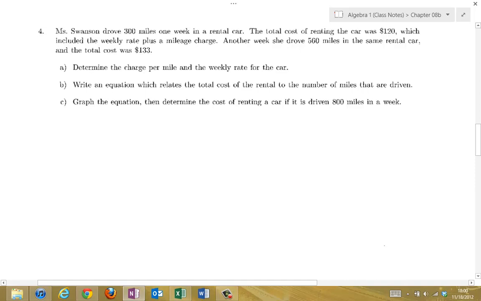I'm going to do this a little differently than maybe another teacher might. I'm going to start with B. Let x equal the number of miles driven, and let y equal the total cost in dollars. Keep in mind, those let statements are non-negotiable.